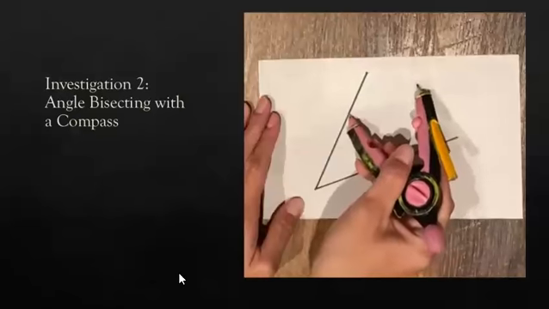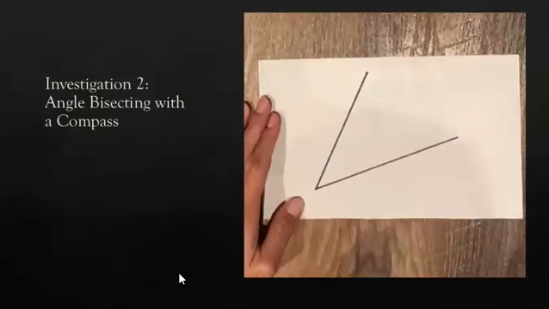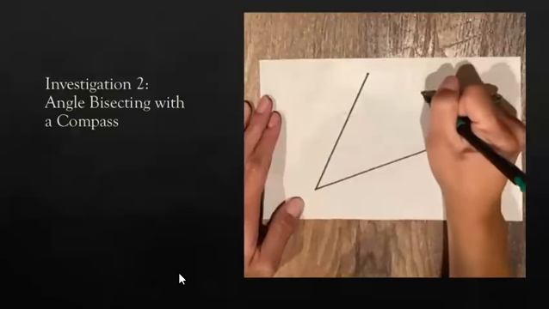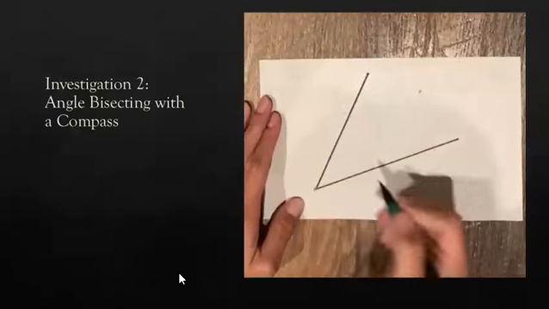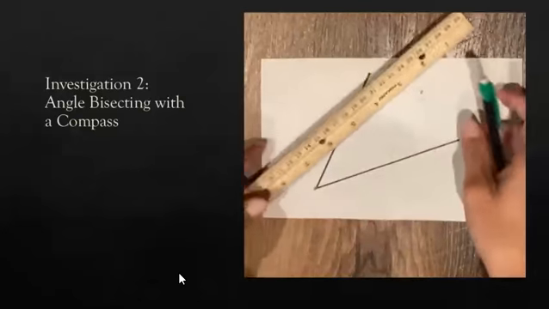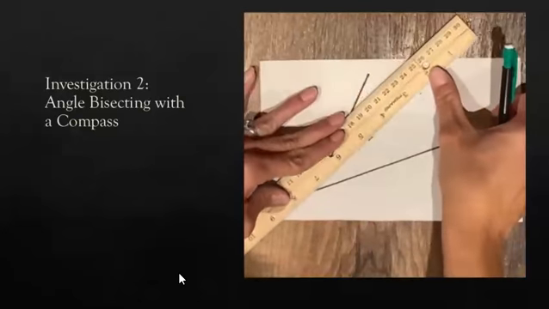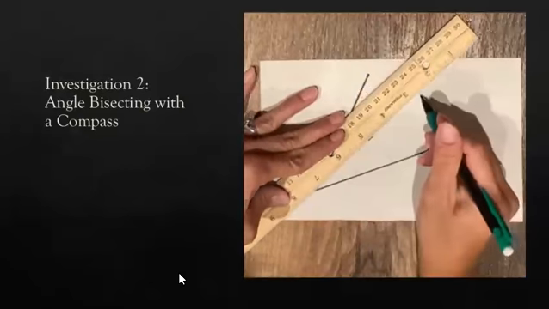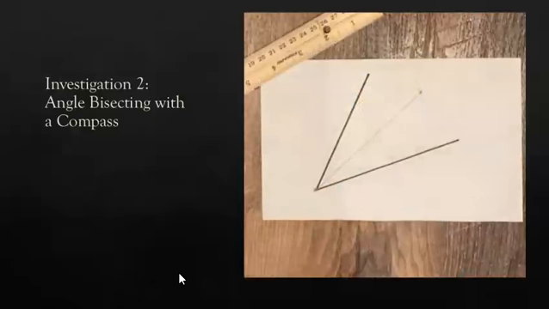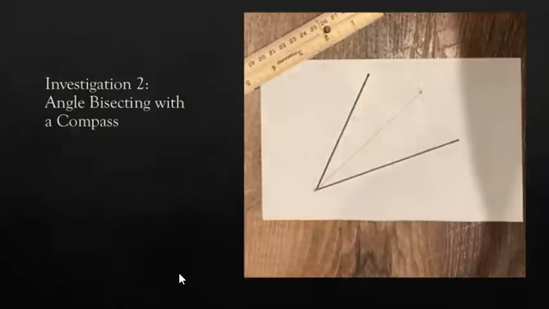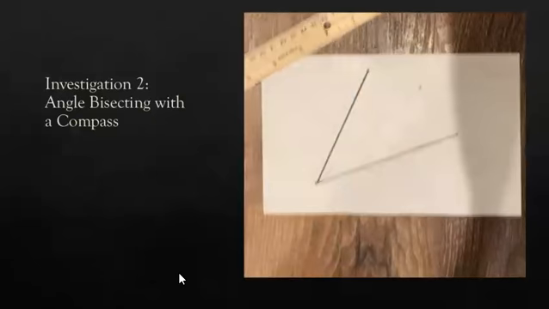And if I keep my compass setting the same as I do that, I have now found a point that is the same distance from the points that I crossed at in my arc, my original one. If I connect that to the vertex, what does it look like? It looks like the angle bisector. Definitely fold your paper along that angle bisector and make sure that the sides line up.